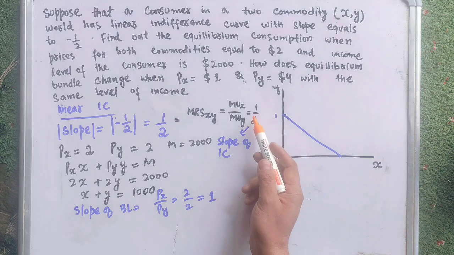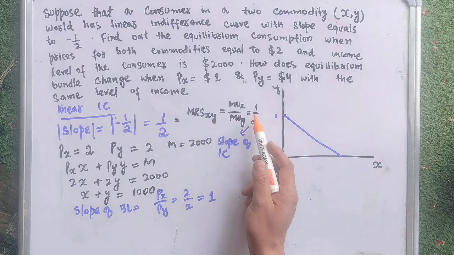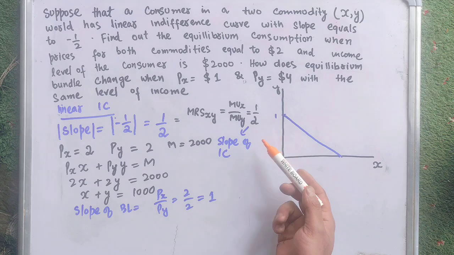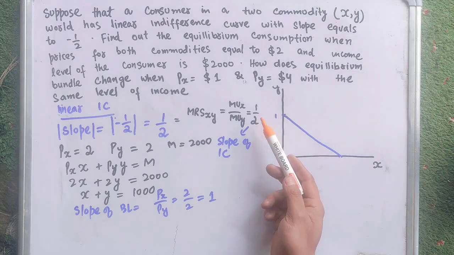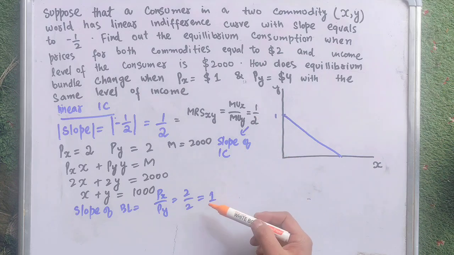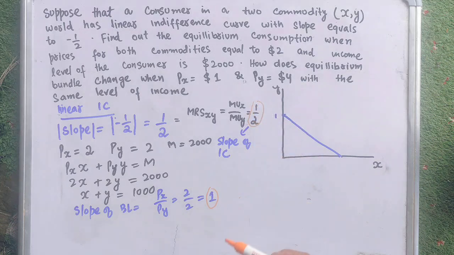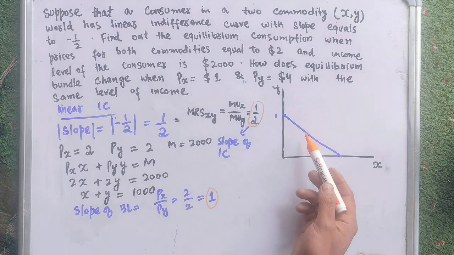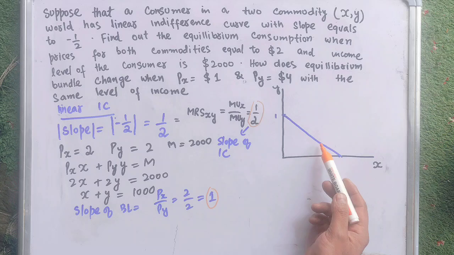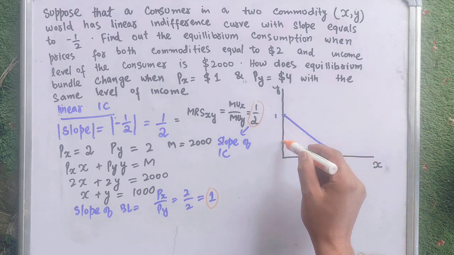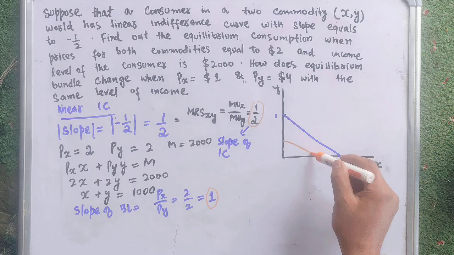The slope of the indifference curve is 1 upon 2, so it is flatter compared to the slope of the budget line. Here we have 1, here we have 1 upon 2. That means this budget line is steeper than the indifference curve.